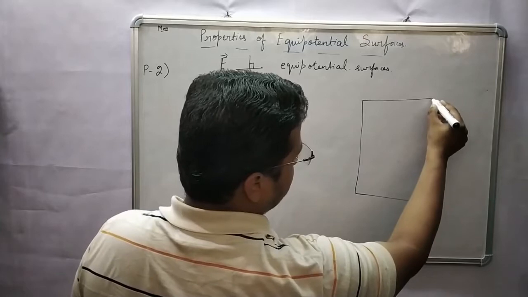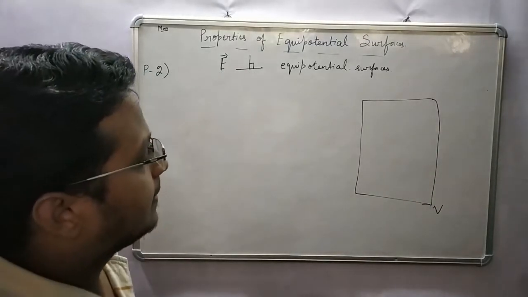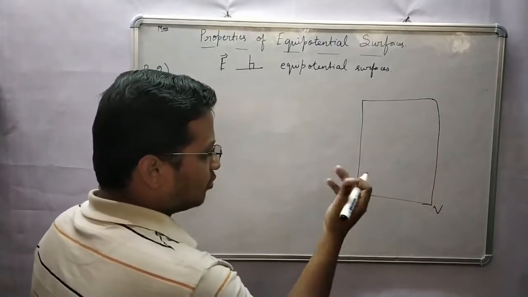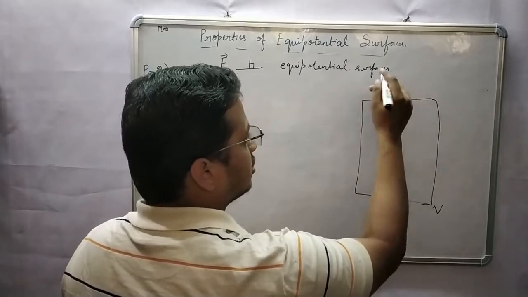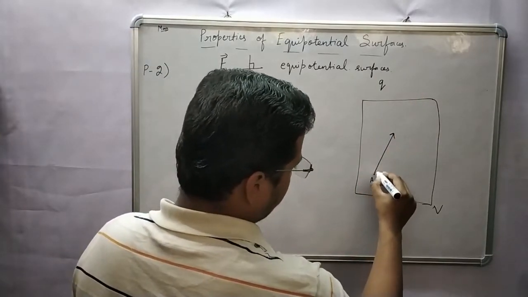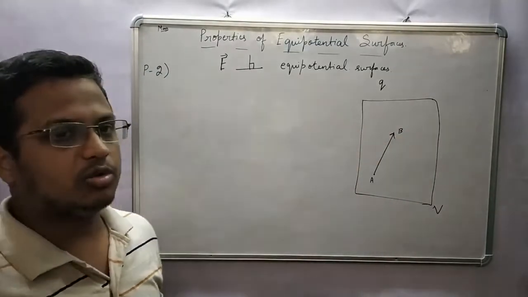Suppose this is an equipotential surface of potential V. Let us consider that we are moving a charge Q from A to B. There are 2 points and we want to move the charge Q from A to B.